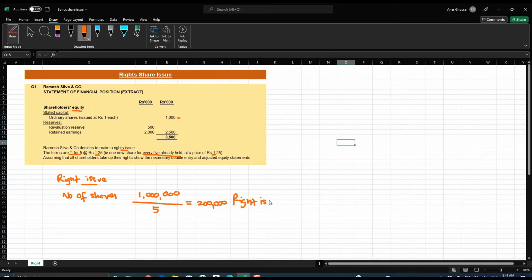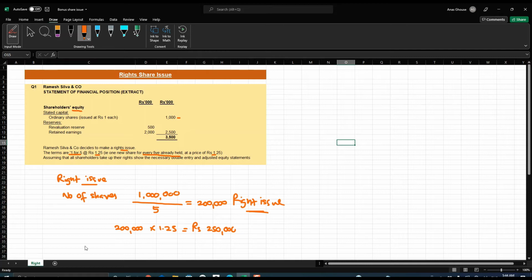So this is the rights issue. At which price are these rights issued? 200,000 times 1.25, which means rupees 250,000. Okay. So what is the double entry for the rights issue? As a result of the rights issue, the company will get cash.